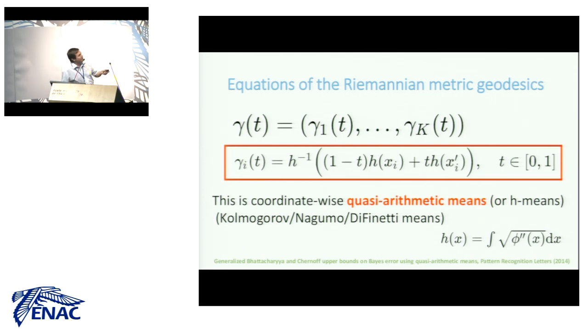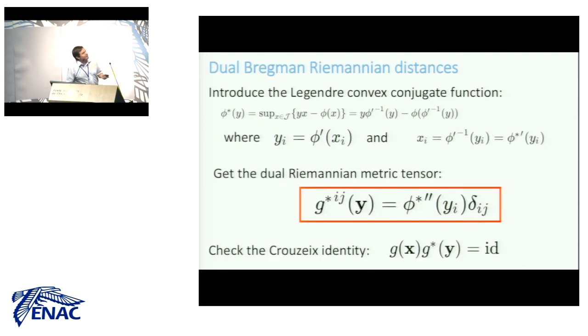For each coordinate of the geodesic, you will find that you have some kind of quasi-arithmetic mean, or Kolmogorov-Nagumo means, and again the mapping here is h. Okay. So the geodesic equations are in closed form and have an easy solution.